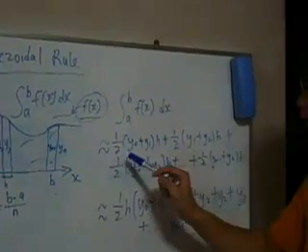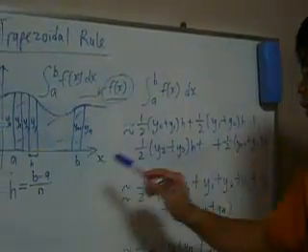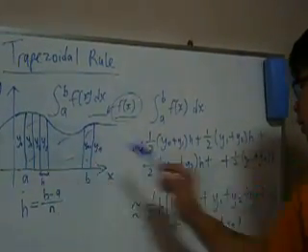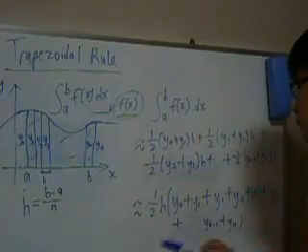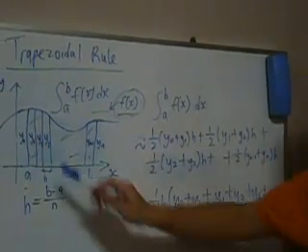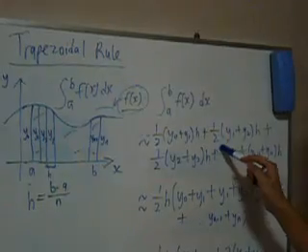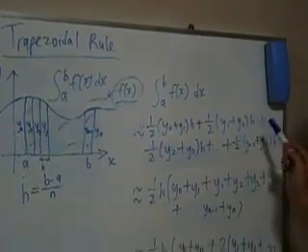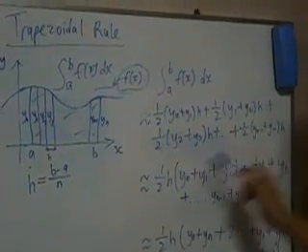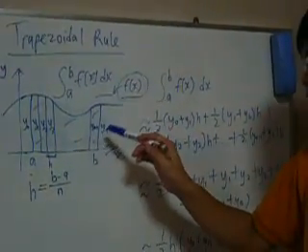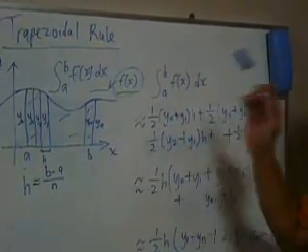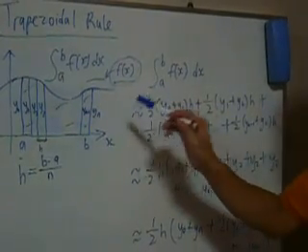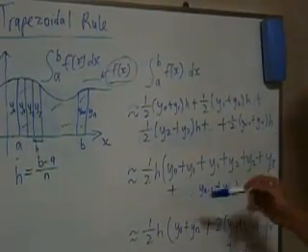First you add the first one, which is half times (y0 plus y1) times h, which is this distance, then plus the second one, which is half times (y1 plus y2) times h, and so on and so forth. The last one is half times (yn minus 1 plus yn) times h.